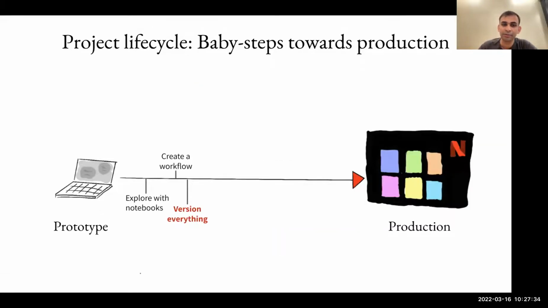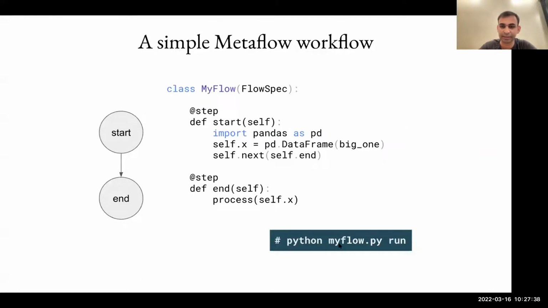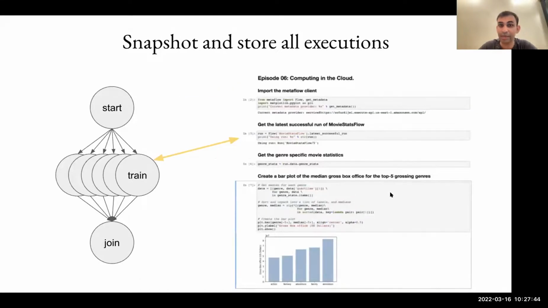And when you execute a Metaflow flow through python myflow.py run, at that point, Metaflow will essentially snapshot and store all your execution. So it will assign a unique ID, an execution ID, to that workflow.